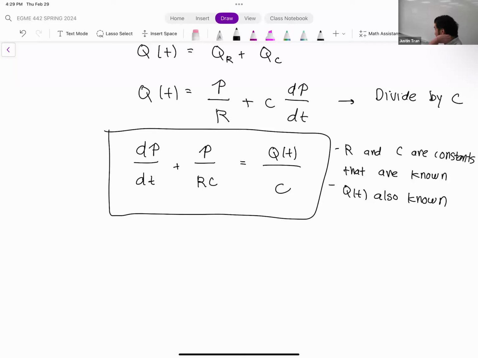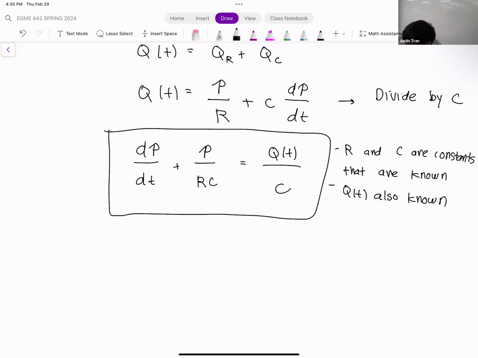Typically for our applications, we use a sinusoid for Q of t, just because we've seen previously that the waveforms in the cardiovascular system, both the flow and pressure waveforms, follow a repeating pattern. They're like a periodic wave. And the simplest periodic wave is either a sine or a cosine. And so for the homeworks and everything, a lot of times you're going to see me use sine or cosine for Q of t.